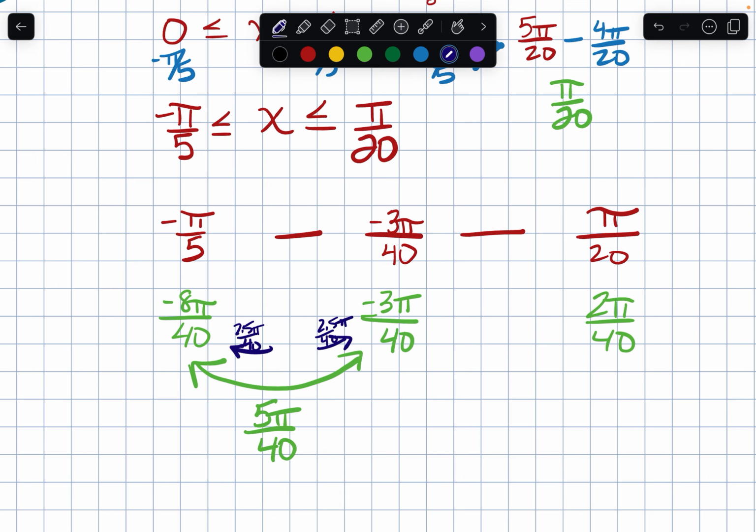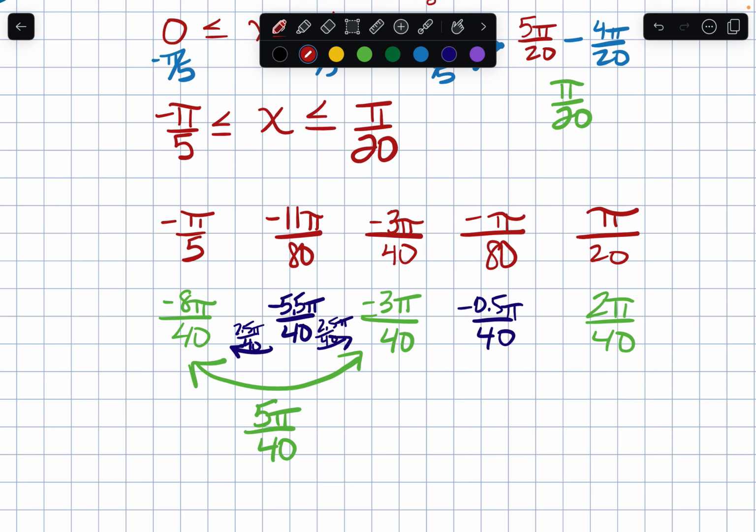If I subtract 2.5 pi, this is negative 5.5 pi over 40, the midpoint between those two things. The math will be the same over here. This is going to be negative 0.5 pi over 40 because, again, 2.5 in either direction. Now, we don't leave the decimals with a fraction, so I'm going to double the top and the bottom. This becomes negative 11 pi over 80 and negative 1 pi over 80.